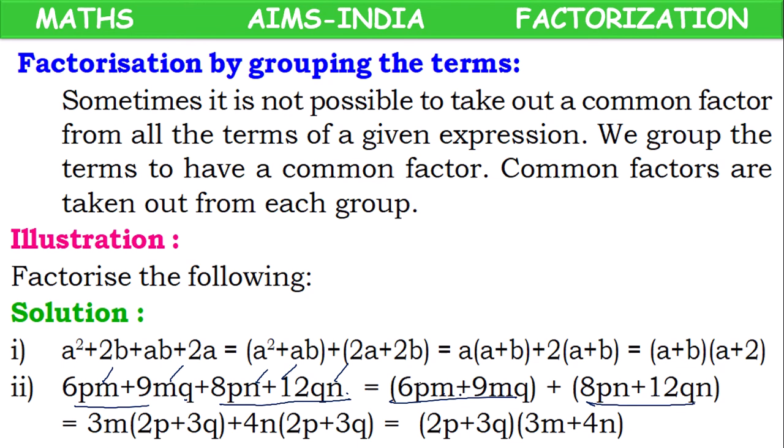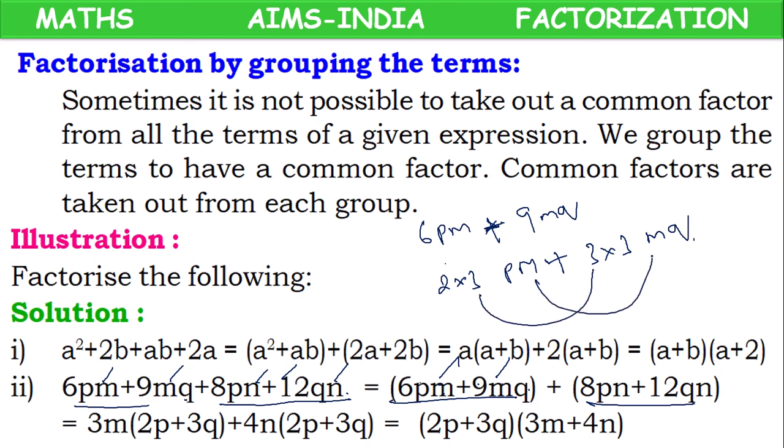Now 6pm plus 9mq. m is common. 6 can be written as 2 into 3, and 9 can be written as 3 into 3. So one 3 is common, one m is common. What will remain here? 2p will remain, here 3q will remain. So if you take 3m outside, 2p plus 3q will remain.